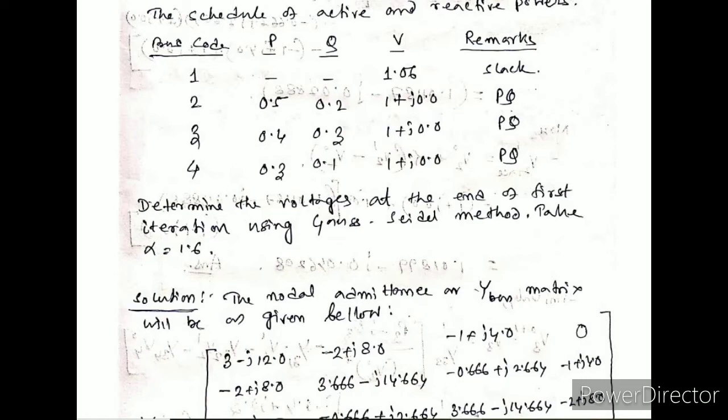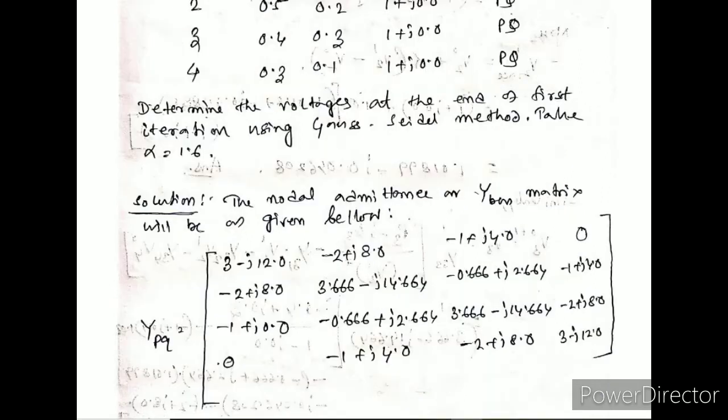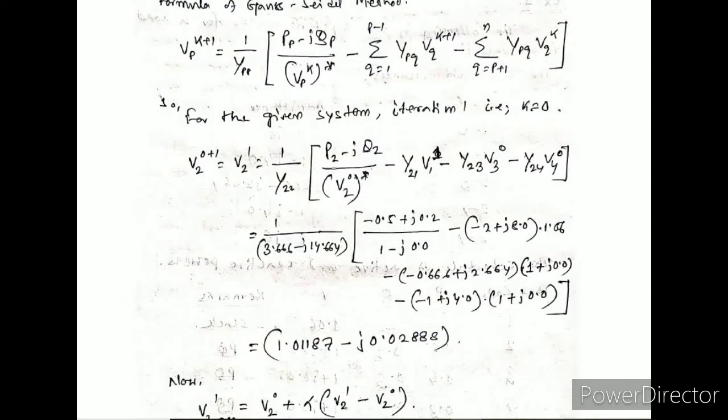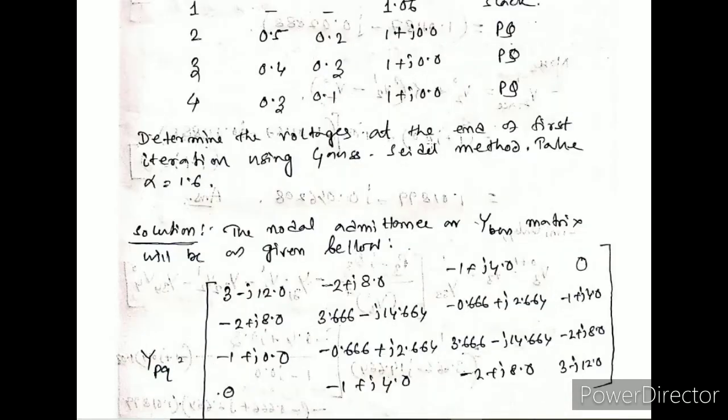Initially, I told you in my previous lecture, lecture number 2, that if we need to do any numerical, we have to form the Y-bus matrix first. So how to form the Y-bus matrix? That entire lecture depends upon how to form the nodal admittance matrix as well as the Y-bus matrix.